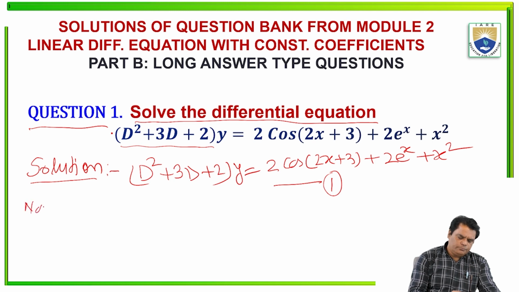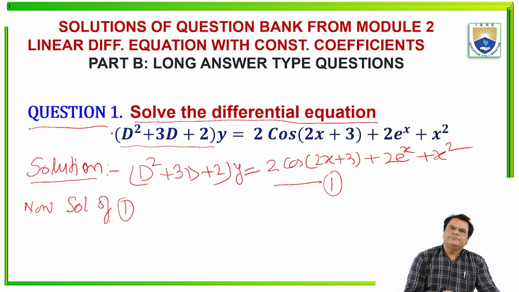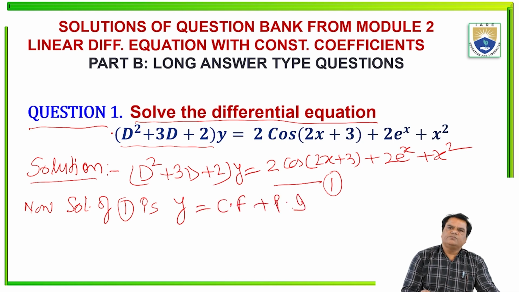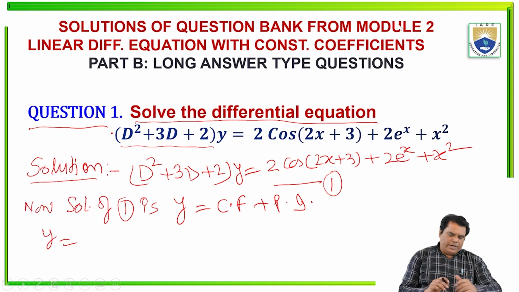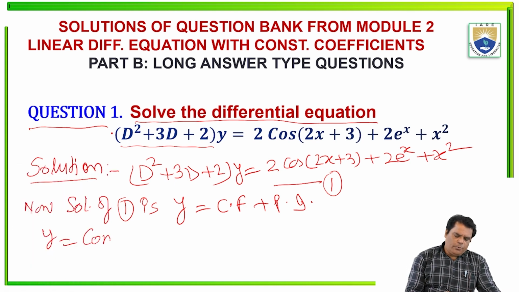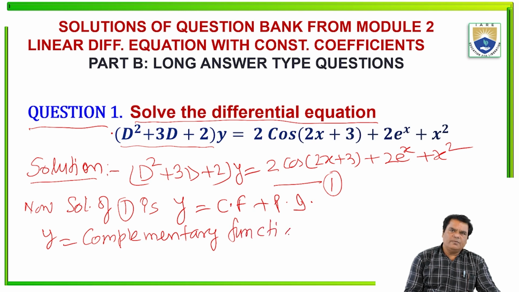Now the solution of equation 1 is y equal to CF plus PI, where CF means complementary function and PI is particular integral.